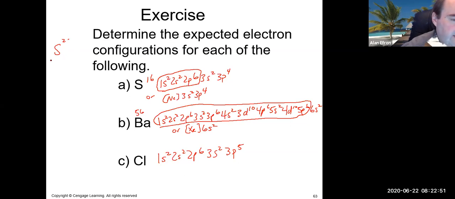Sulfur normally has 16, but it would have 2 more electrons for the -2. Minus means that it gained electrons, and the 2 means that it gained 2 electrons. So you do have to adjust it. That gives you 18, and that means it would be 1s2, 2s2, 2p6, 3s2, 3p6 will get you there, and that would be argon's configuration.